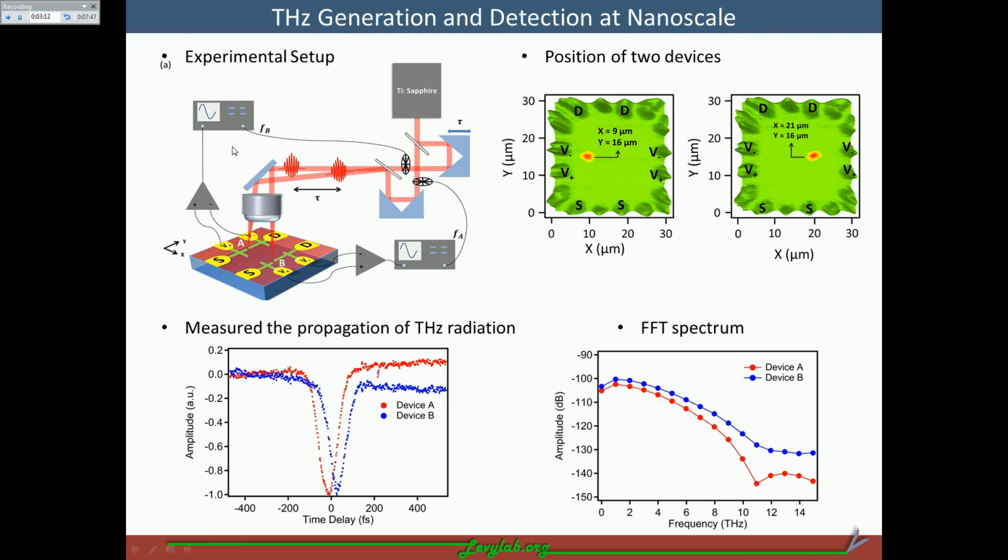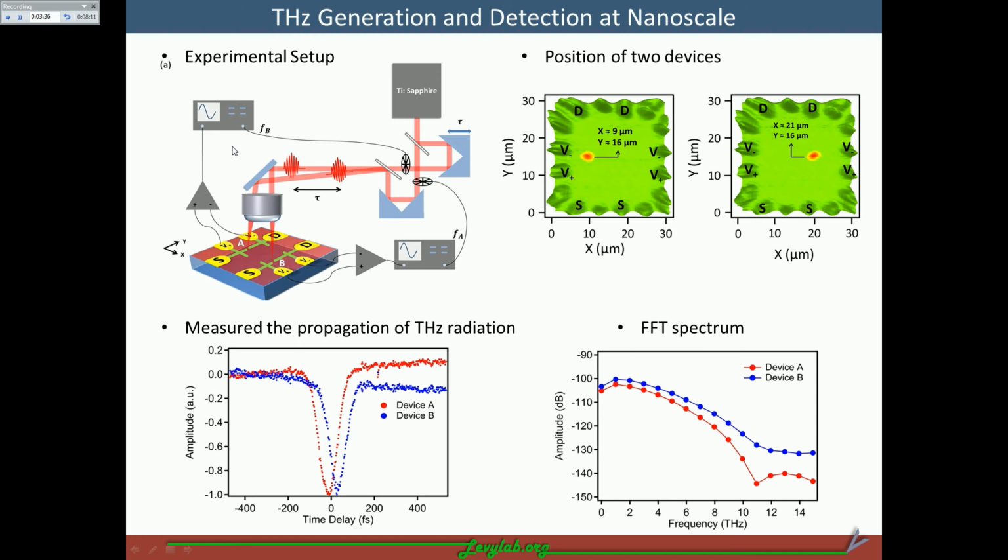And number three is by doing the Fourier transform for the time domain result, we see the bandwidth goes to the terahertz range. So based on this measurement, we think the signal is from the interaction between the optical field and the terahertz field.